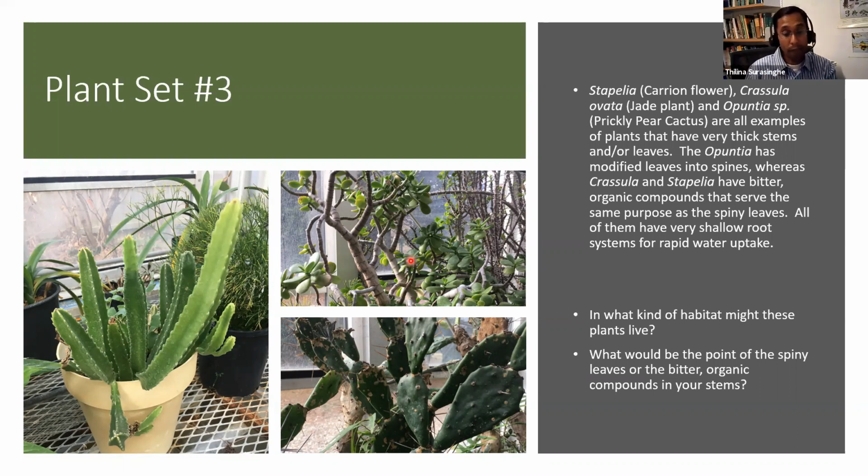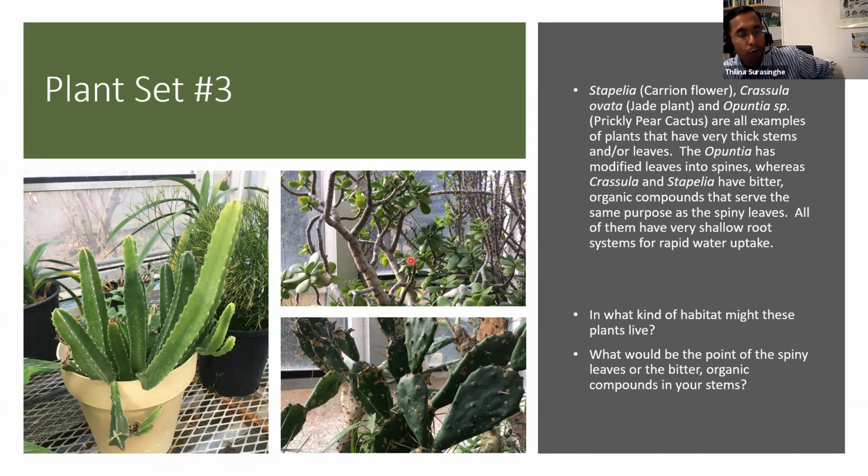Predation for a plant is herbivory. It's an anti-predatory strategy to protect the particular plant. All of them have very shallow roots. So rather than roots going deep, roots actually spread. That supports rapid water uptake.